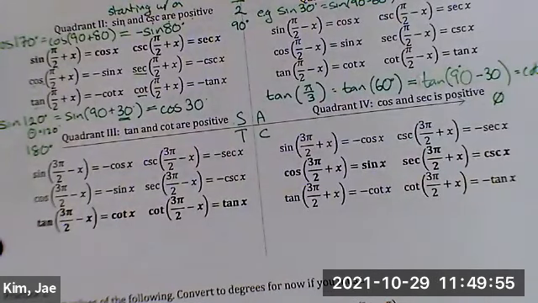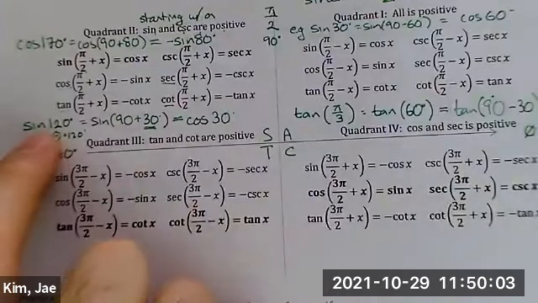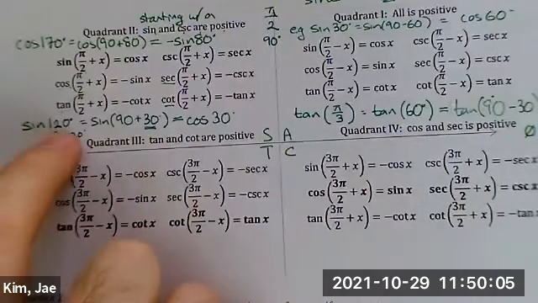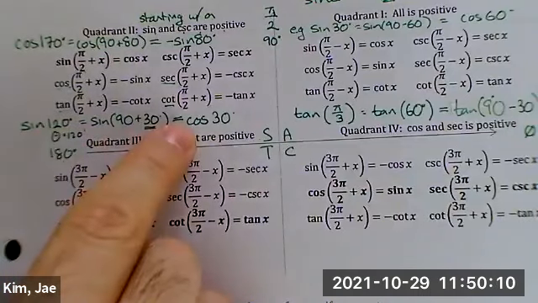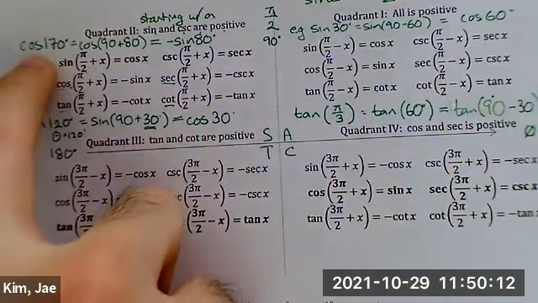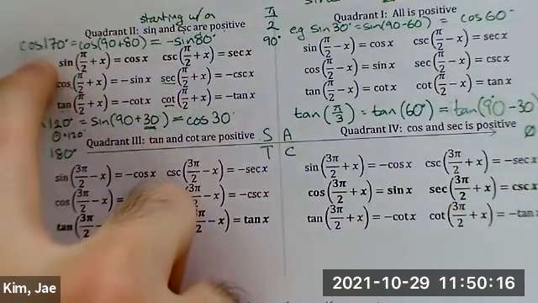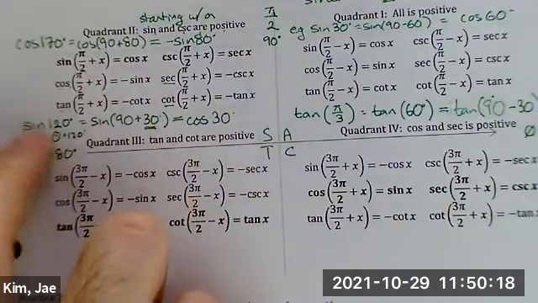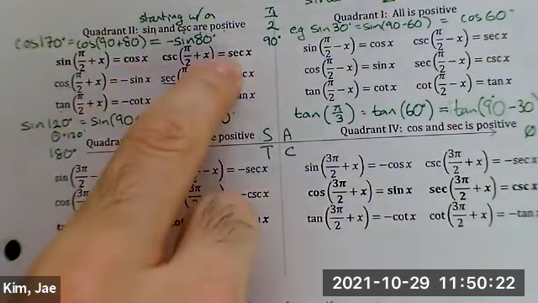So you're saying the first one is positive because it's sine of 5π/2 plus x. If the question is giving you a large angle with the sine, when you convert it, it remains positive. But if the question gave you a cosine, when you convert it, it doesn't remain positive. Whatever the angle is, if I gave you cosecant, it still becomes positive.